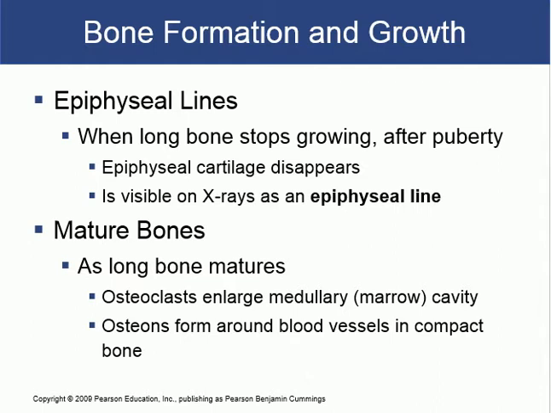After puberty, actually not puberty, I think it's 18, but after the time of closure, when the bone will not grow any longer, the epiphyseal cartilage will disappear. So this epiphyseal cartilage will disappear like this, and you end up having just a line like this.